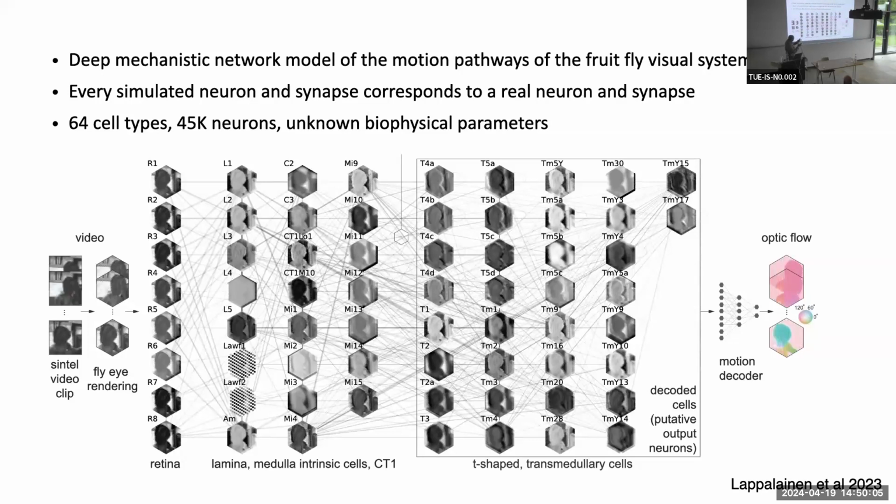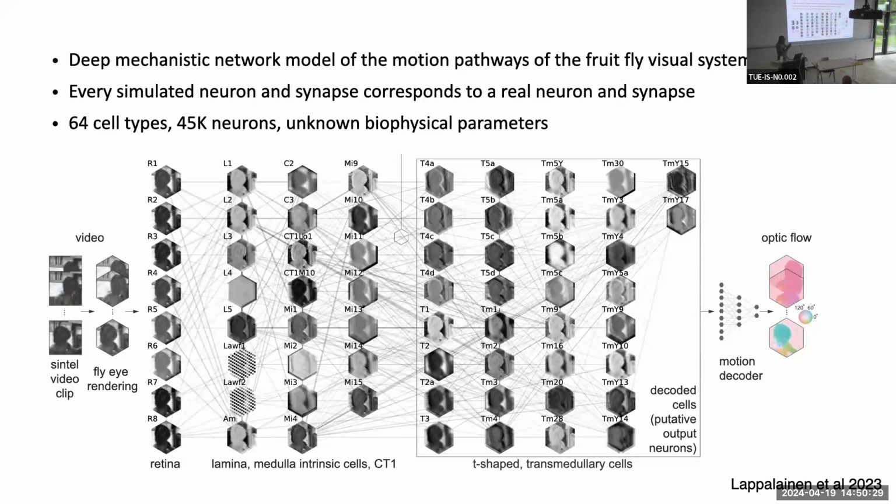And so we wanted to say that somewhere in this network, if this network is computing motion, it should be able to produce an optic flow field. But of course, the representation of motion used by the fly brain need not be the same as the representation of motion used by computer scientists in Tübingen.